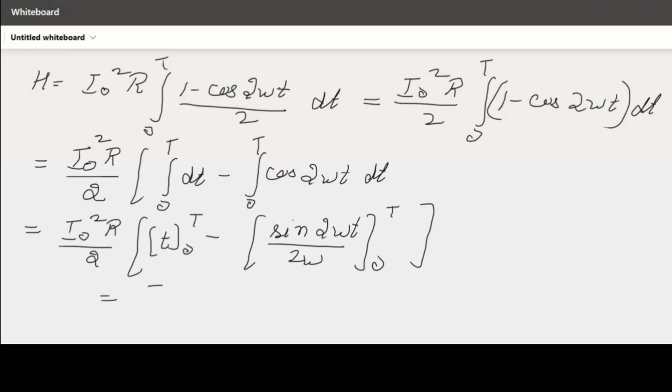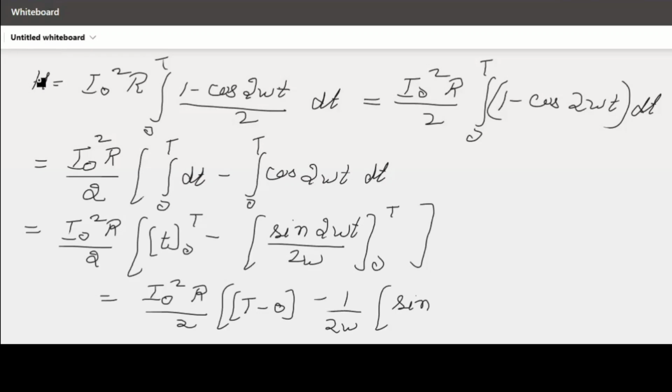Then after this we again write the constant terms, apply the limits for the t, minus, take the 1 by 2 omega outside the bracket, and this is sine 2 omega t from the limit 0 to T. Then we do the integration by applying the limits.